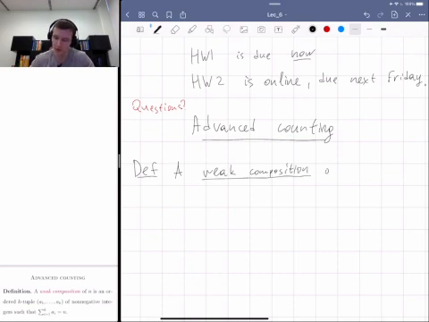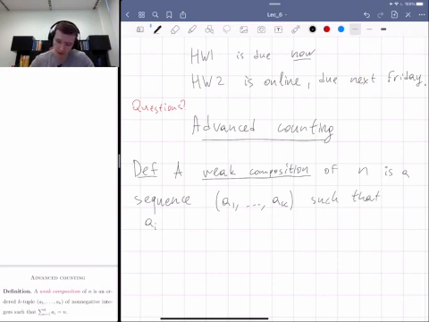of n, where n is some number, is a sequence A1, A2, up to AK, such that each AI is non-negative, and they sum up: A1 plus A2 plus etc. plus AK, the sum is equal to n.